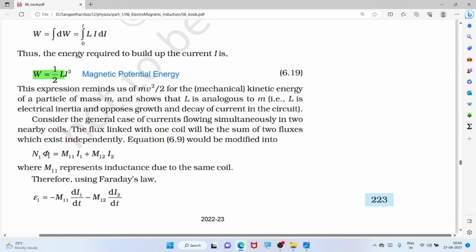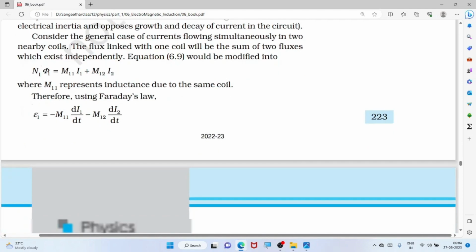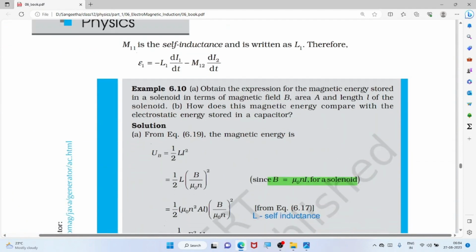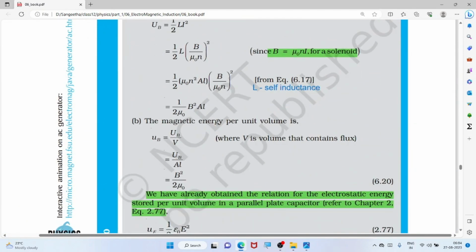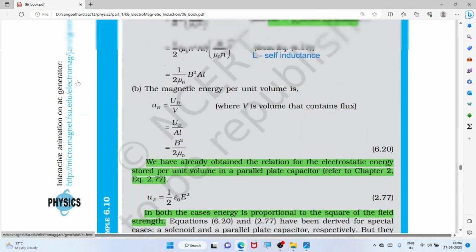This is the magnetic potential energy stored in the coil. This is self-inductance in current, the self-induction constant.